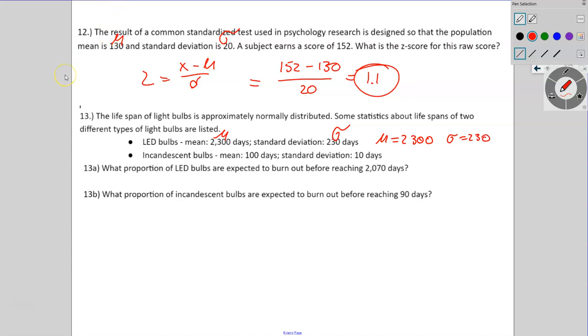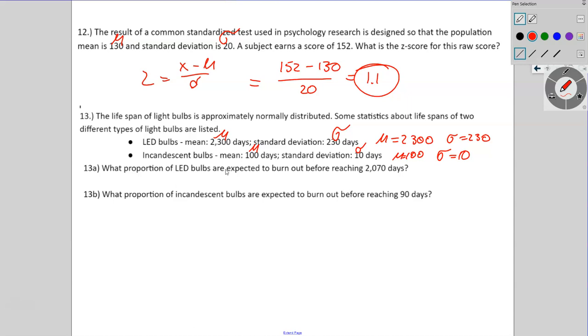For the incandescent bulbs, mean is 100 and standard deviation is 10. Here it says, what proportion of the LED bulbs are expected to burn out before reaching 2070 days.